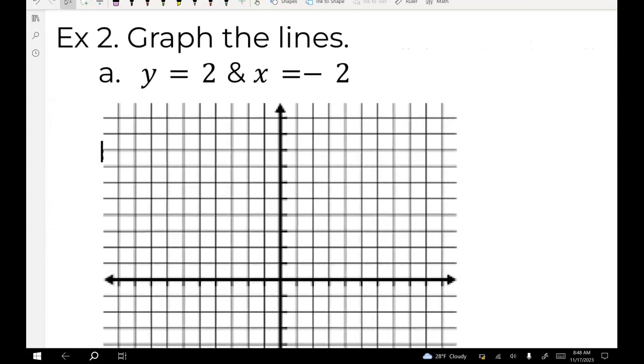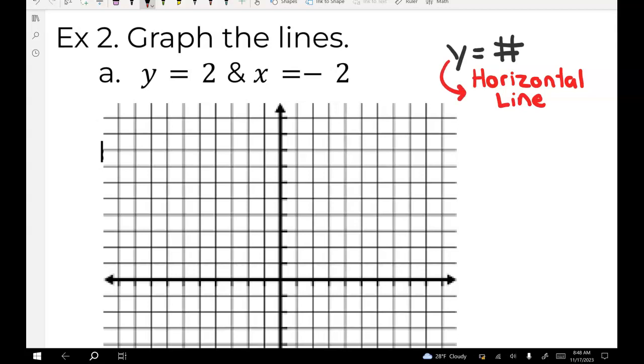So when y is equal to 2, if you ever have a y equals a number, this is always going to be a horizontal line. Again, horizontal lines are ones that lie flat. So you're always just going to look for the number that it says y is. So y is equal to 2. So that means, again, y goes up and down.